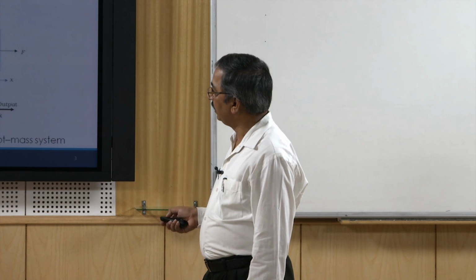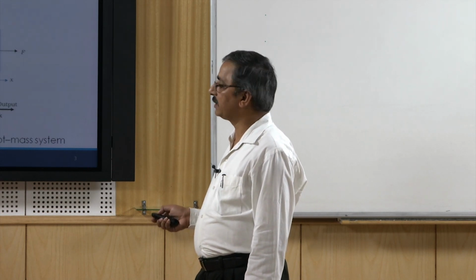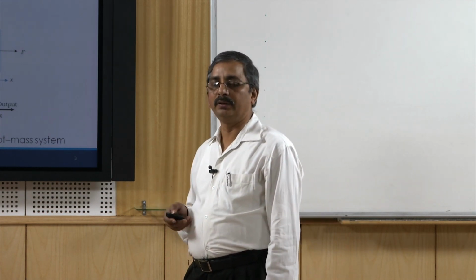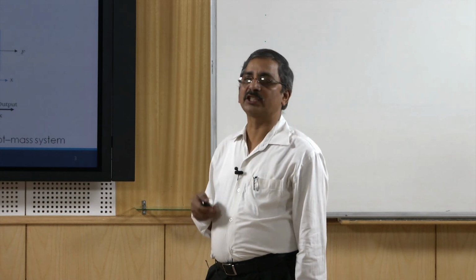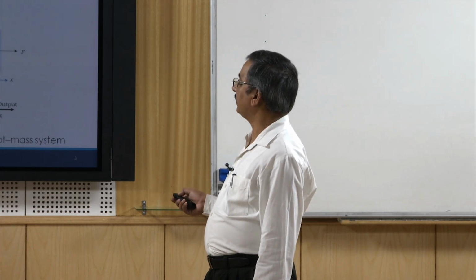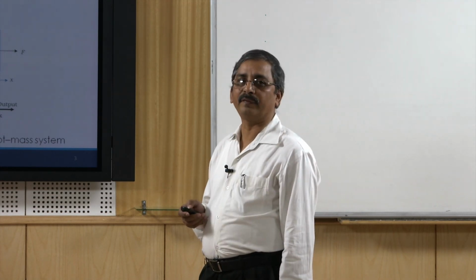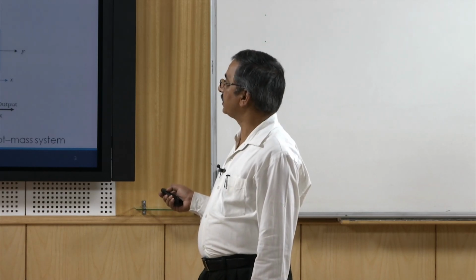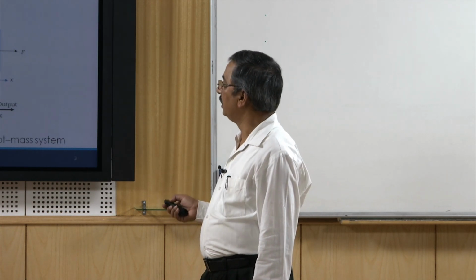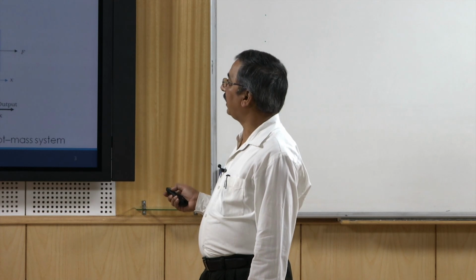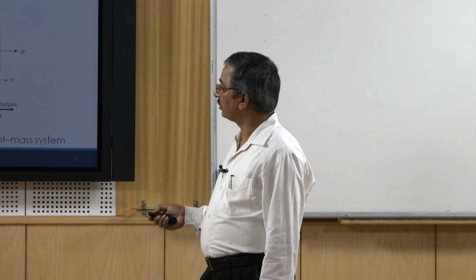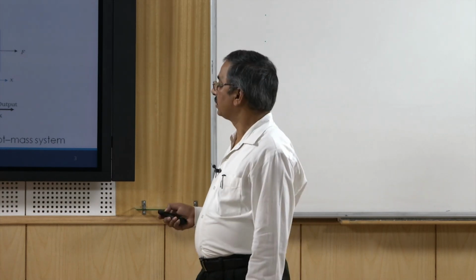The derivation of this equation we have already seen in mechanical systems. In this lecture, we are interested in looking at the response of this second order system. If I draw the free body diagram, representing all the forces, the spring force and damping force, and equate the unbalanced forces to mass times acceleration, this is the equation we get.